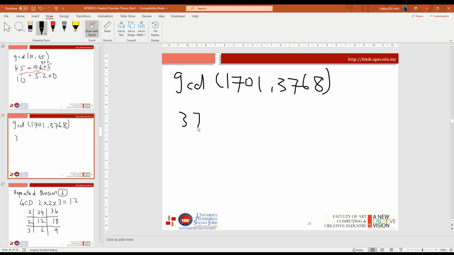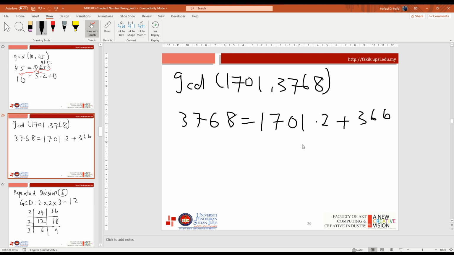Then you got 3768 is equivalent to 1701 multiplied by 2 plus 366. And then 1701 is equivalent to 366 multiplied by 4 plus 237.